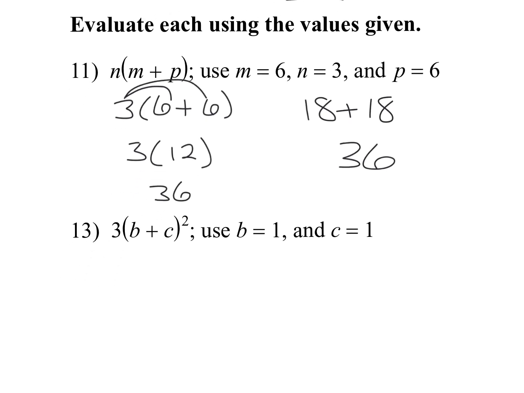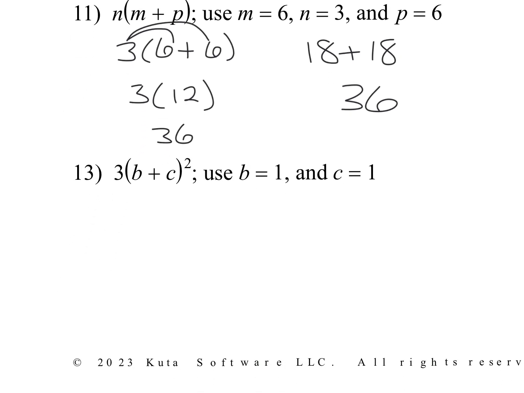Okay. Looking at 13, plug in what you know. What's B? 1. What's C? 1. And then don't forget that squared. What does that squared mean? You just take it times itself. So what would my first step be in this case? 1 plus 1. Yep. 3 times 1 plus 1 is 2, squared.